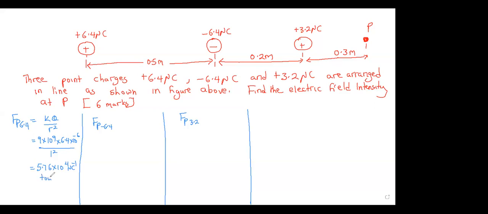Why? Because the positive charge at P repels with the positive 6.4. Okay, and so when we are considering the direction, we consider at P. So it will be to the right.